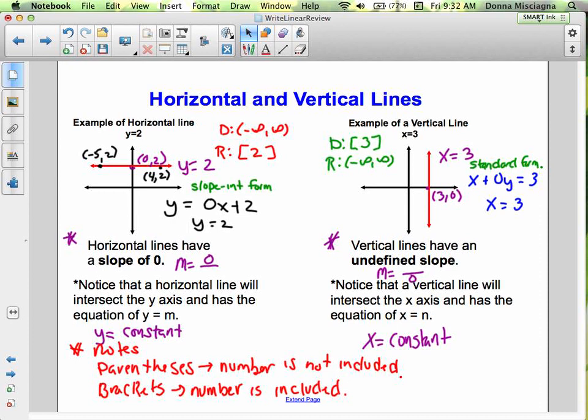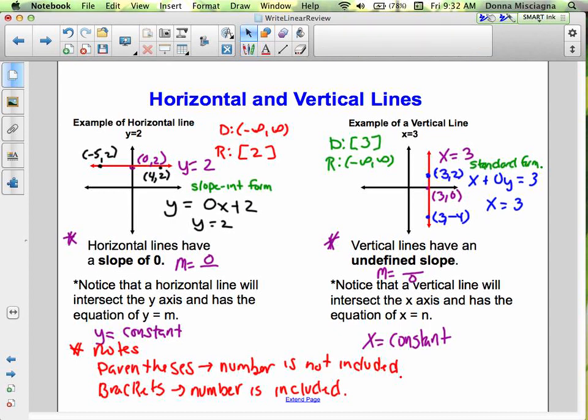And then we have our domain and range for our vertical line. The domain is going to be 3. No matter what y is, x is 3. So maybe this point here is 3, -4, and maybe this point here is 3, 2.